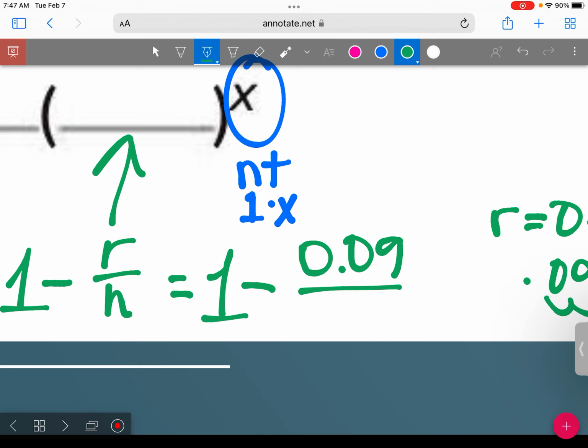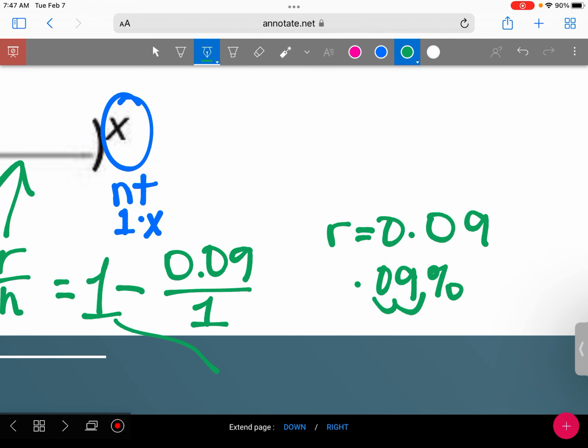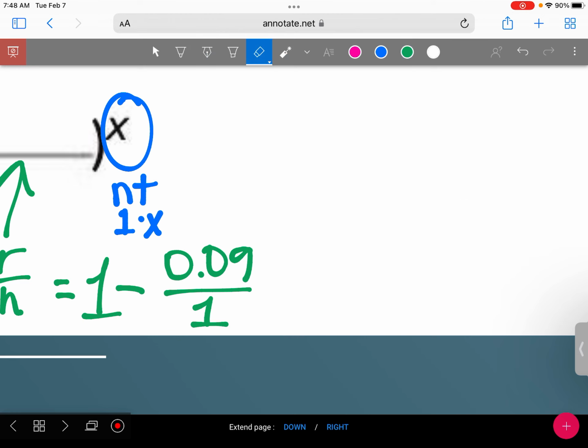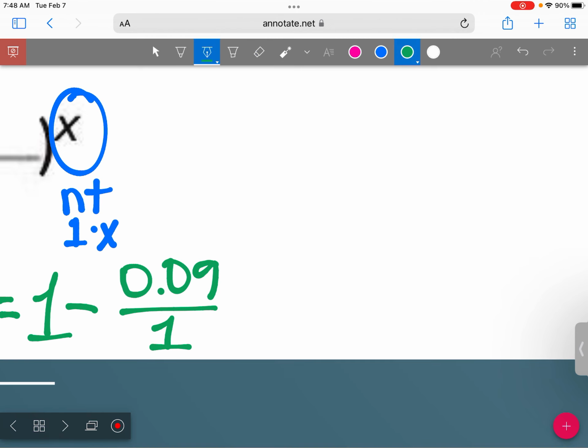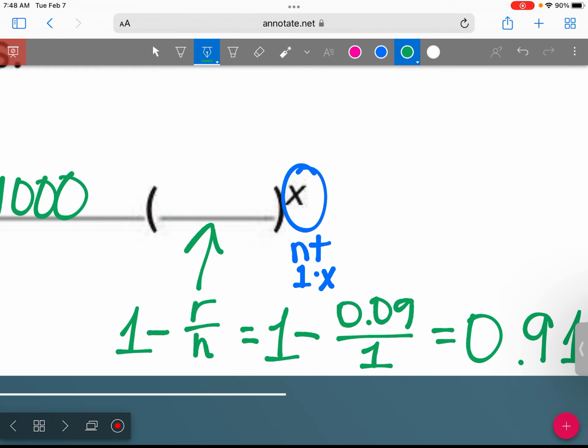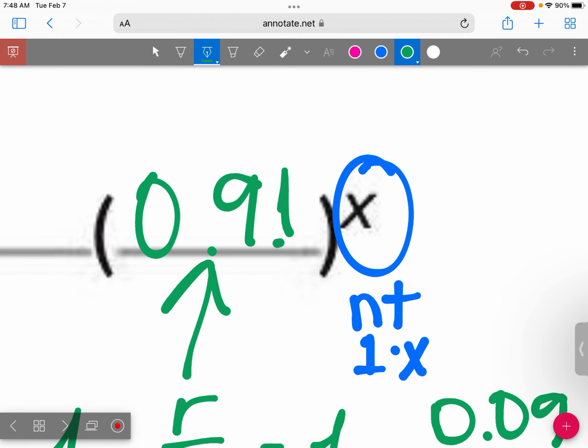So when we subtract these, 1 minus 0.09 divided by 1, what do we get? Plug it in your calculator. Yep, 0.91. And that's what's going to go here in our parentheses. Okay? Does that make sense?